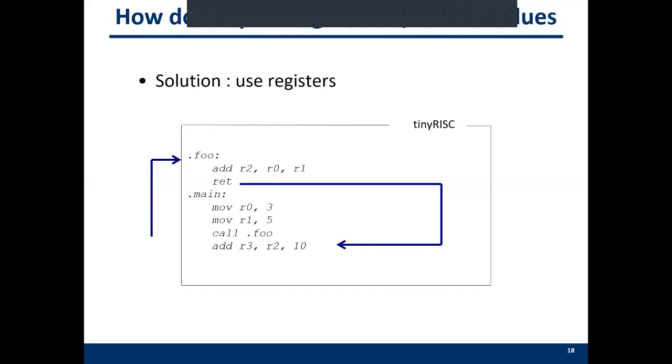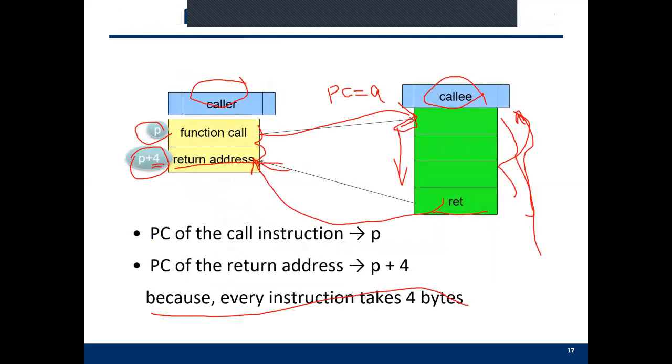So how can we store the return address? When you execute some instructions in the main function, you may occupy several registers, register 1, 2, or 3. But if you jump to a new function, that function will also use R1, R2, R3.